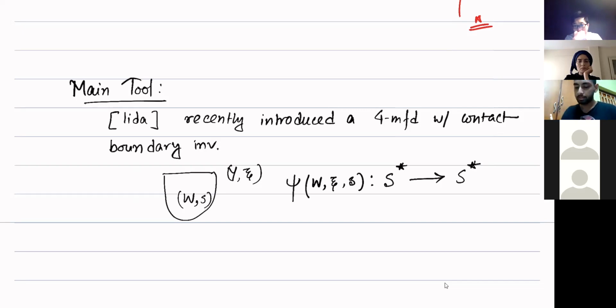He proved that this map is an invariant of the manifold W.